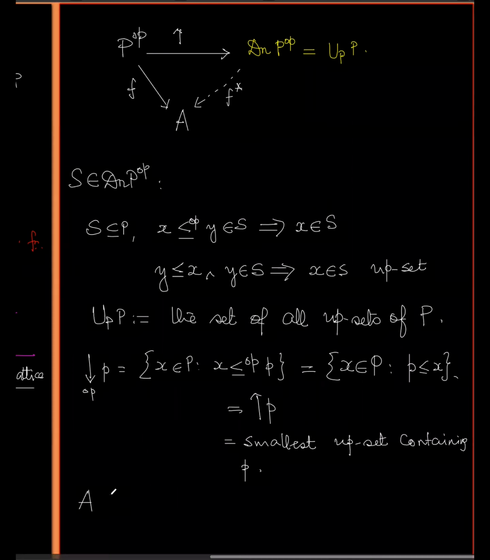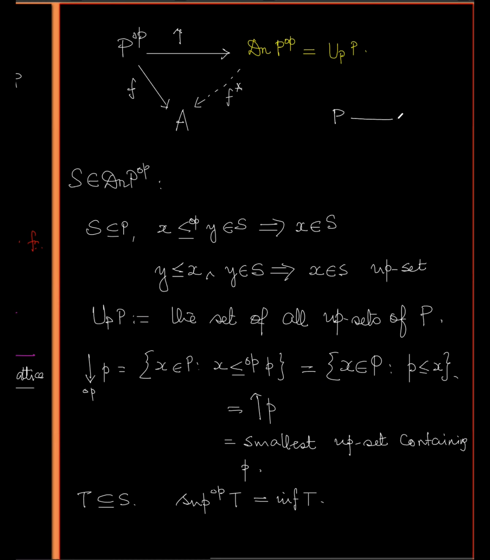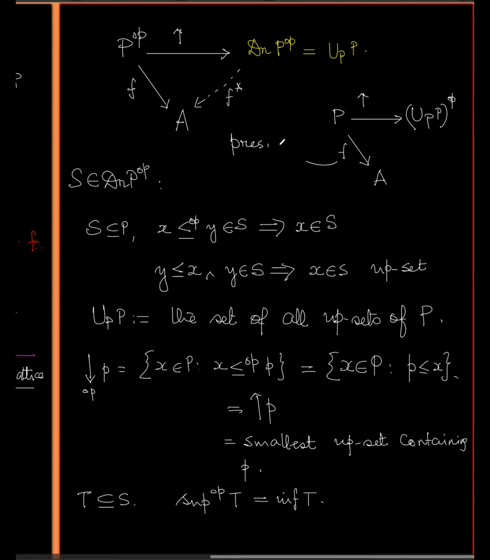If you take a subset T of S, then the suprema in the opposite poset of T is obviously the infima of T. And if you write this now completely in terms of P, this is going to turn out to be, and this map now preserves all meets or infinite.